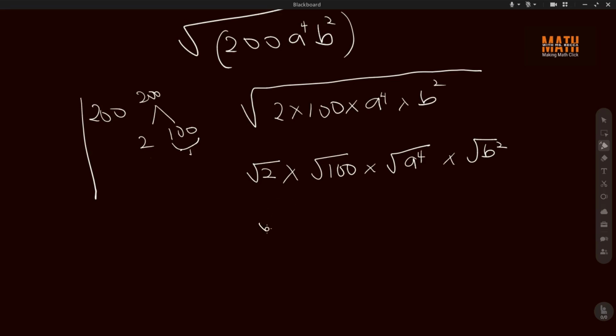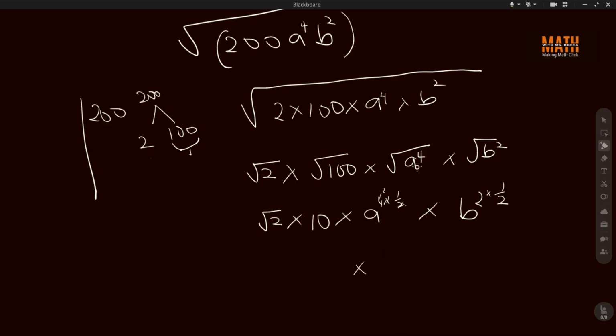Root 2 is a surd, so we leave this as it is, times root 100 is 10, then times root a power 4 is the same thing as saying a power 4 times 1 over 2, because square root is power 1 over 2, and then root b squared is the same thing as saying b power 2 times 1 over 2.